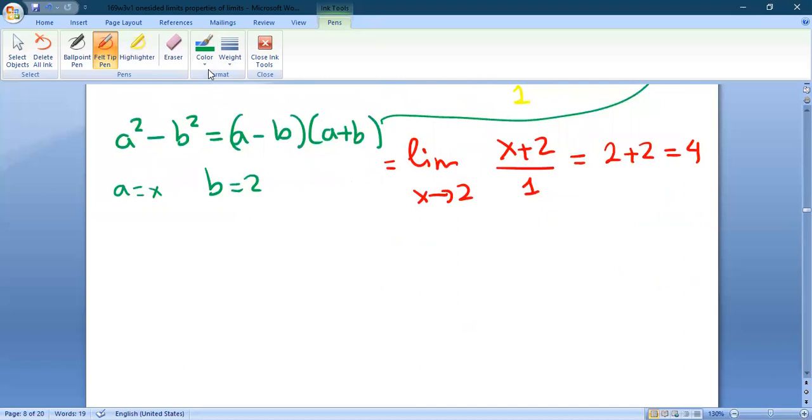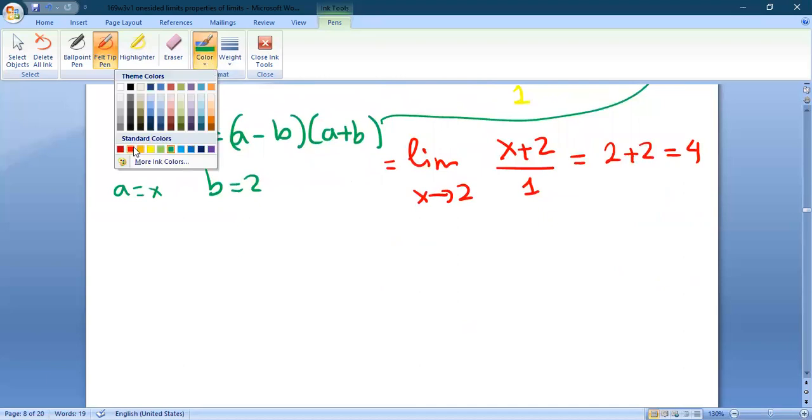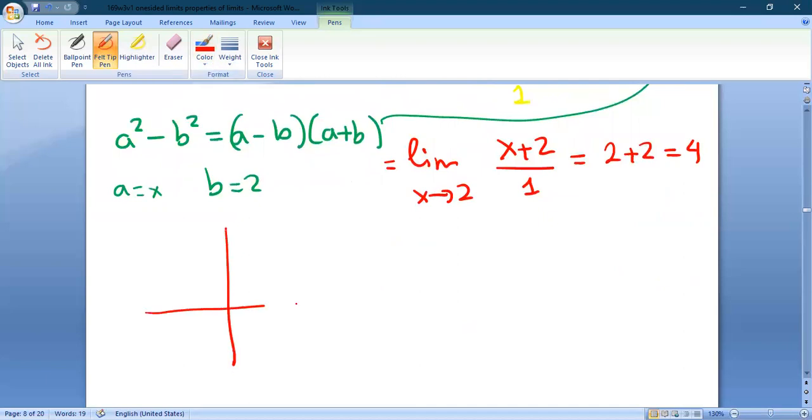Now, if you sketch the graph of this function, you are going to see something like this. This is going to look like the x plus 2 line, but there is going to be a hole at 2. And when x goes to 2, the function goes to 4.